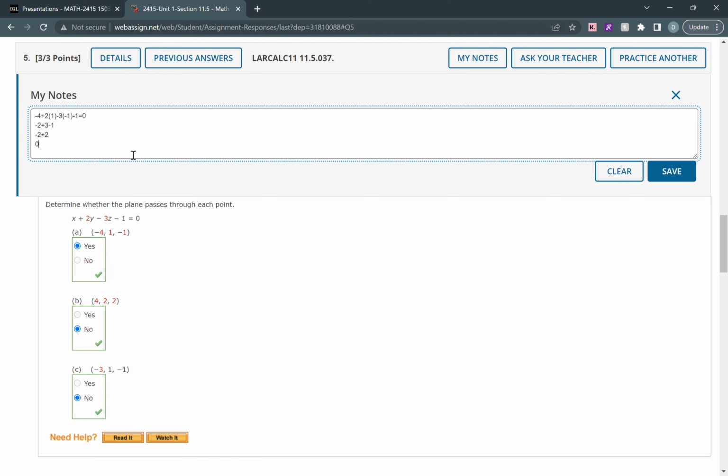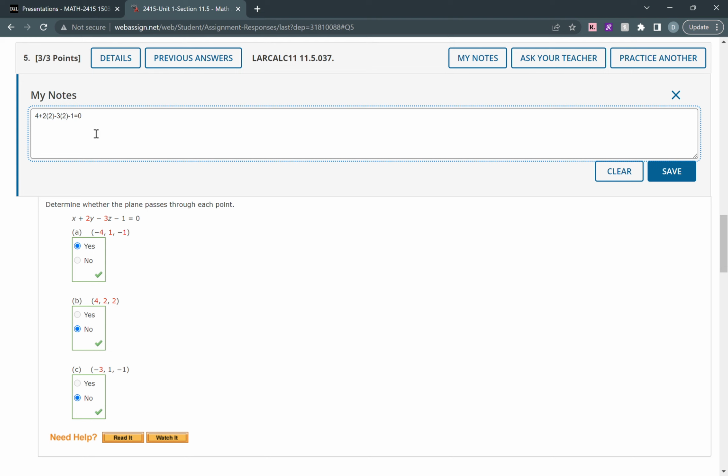We start off with the second one, B. We plug it in. This would change to +4, this would change to +2, and Z would change to +2 as well. So X is +4, Y is +2, and Z is +2.